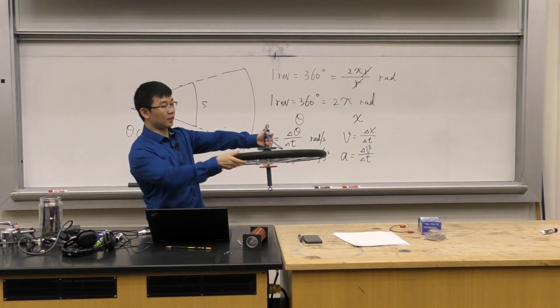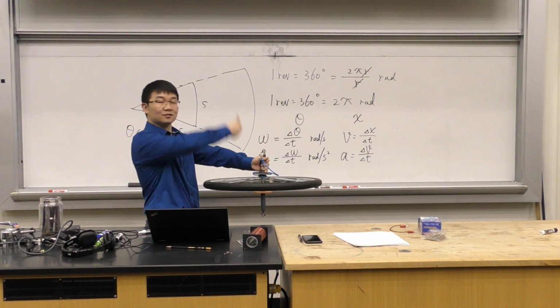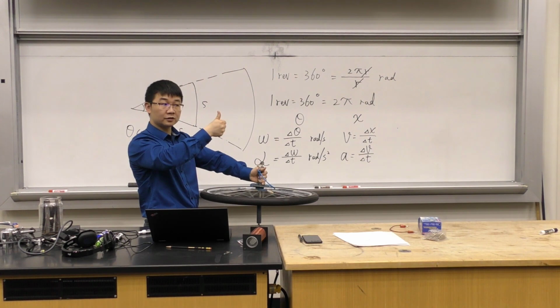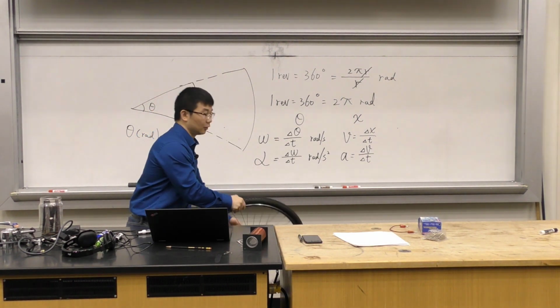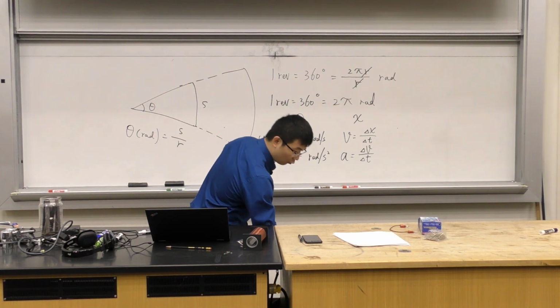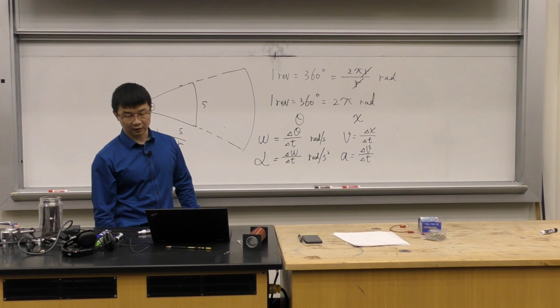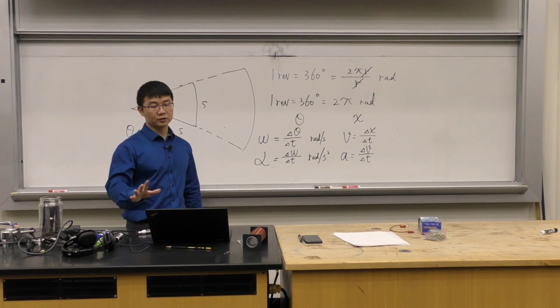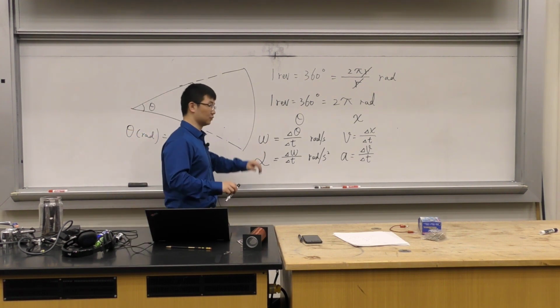So if this is rotating that way, the angular velocity is in this direction. Isn't that weird? Very non-intuitive. But the only reason we do that is that it's the only way you can make a complete and consistent theory out of it. In this class, we're not going to worry about that direction. We're just going to focus on the magnitude.